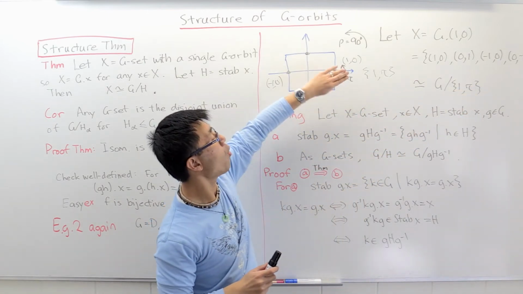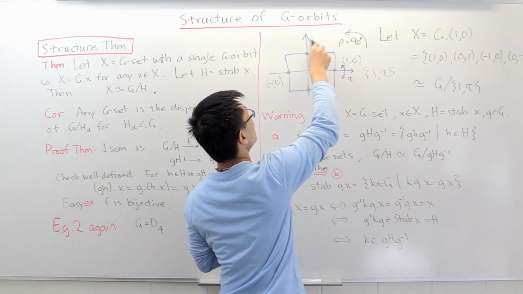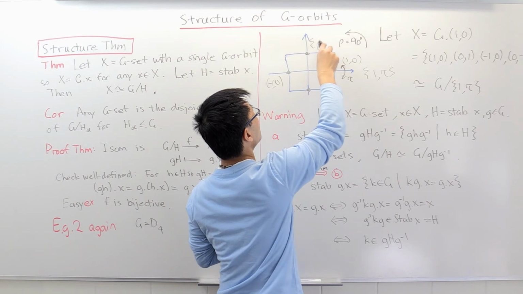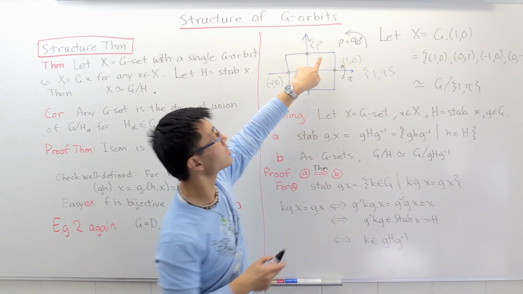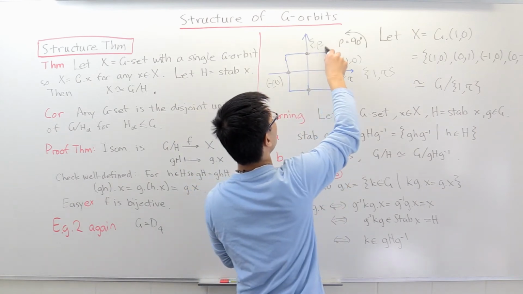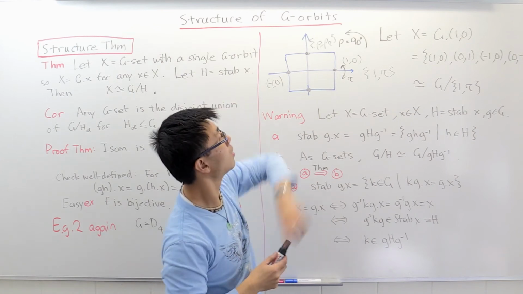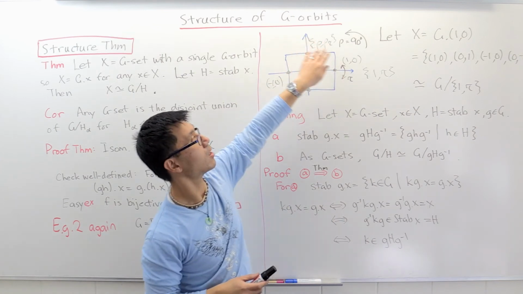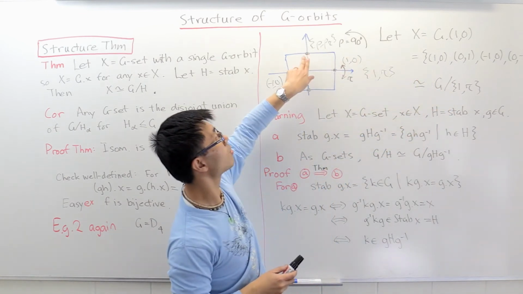Now if you let rho act on this element, you get up to here. So the coset containing rho, that's the set {rho, rho tau}, is the element of this set of cosets corresponding to (0, 1).